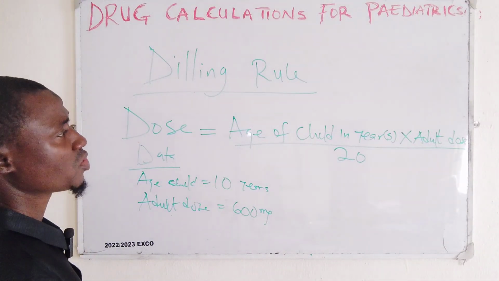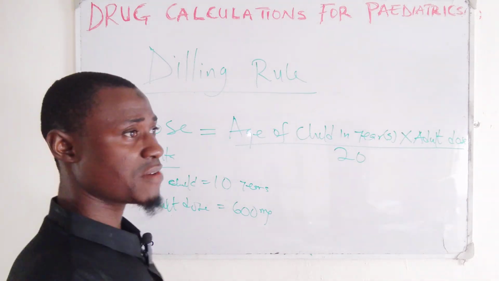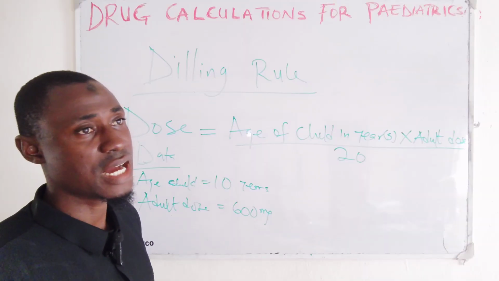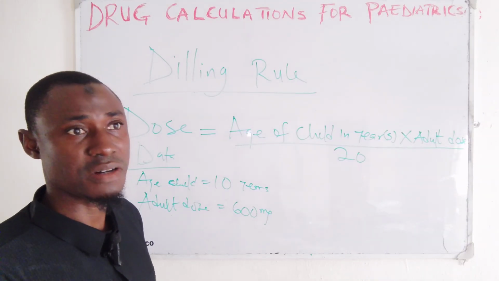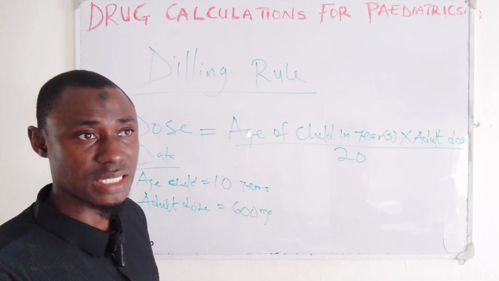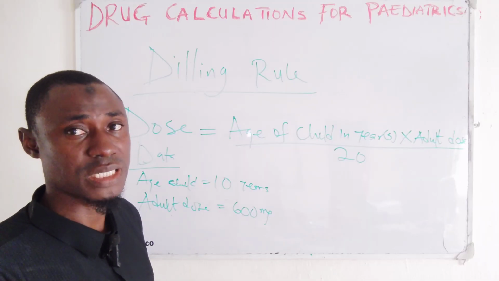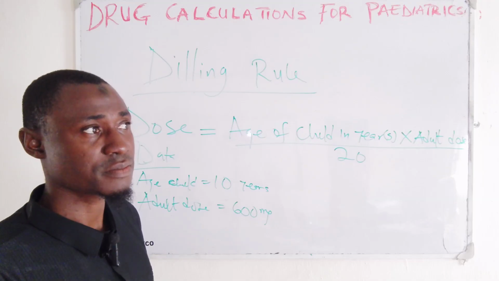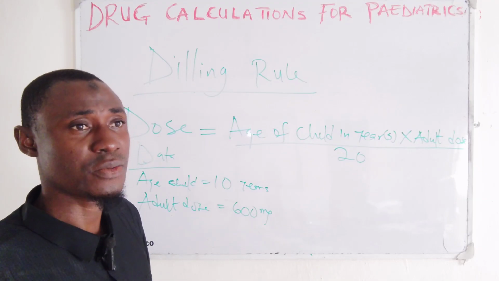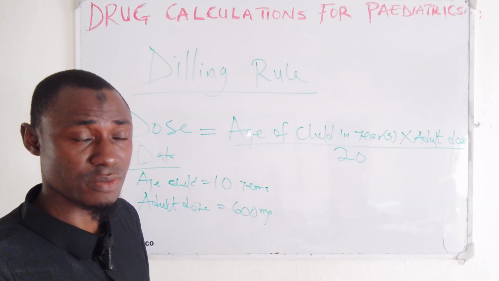Now, this is more or less a real life situation. Let's assume I have a patient in my house or in the hospital or in the facility, and this patient is running a temperature, maybe a fever of around 38 or 40 degrees, and I want to bring down this temperature. I've taken all the necessary history of how and when it started and all of the other information that I will need.